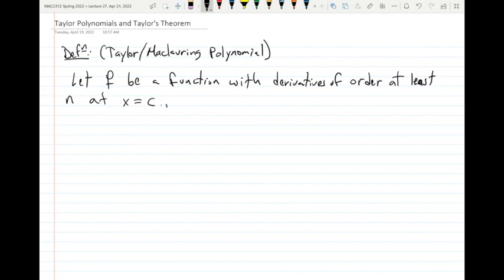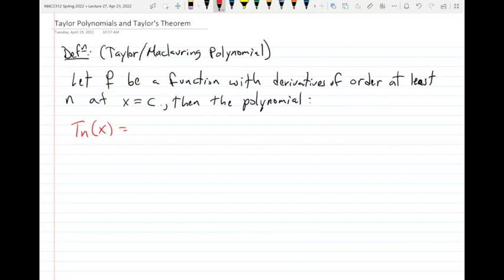Okay. Then there's a polynomial that we can define, and this polynomial is exactly the same as the Taylor series. We're going to call it Tn of x. If you read the book, they call it Pn, but in the homework they call it Tn, and I like T more, Taylor, right?